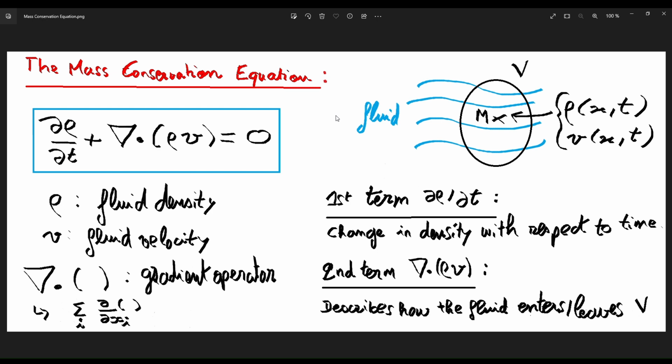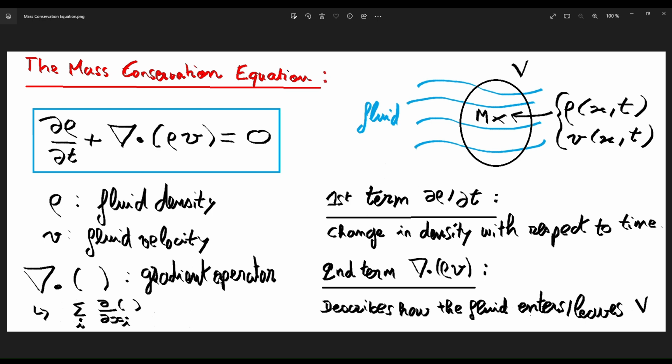Mathematically, it can be represented as the derivative of rho with respect to time plus the gradient operator nabla applied to rho times v equals 0, where rho represents the fluid density, t is the time, v is the fluid velocity, and nabla applied to rho times v is the divergence of the mass flux vector, so the sum of the partial derivatives.